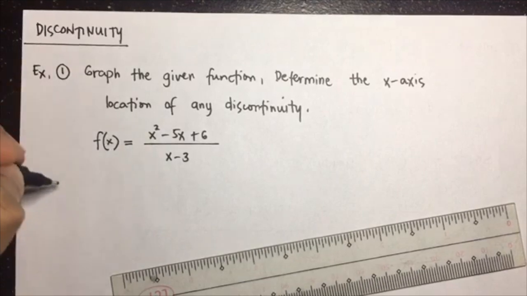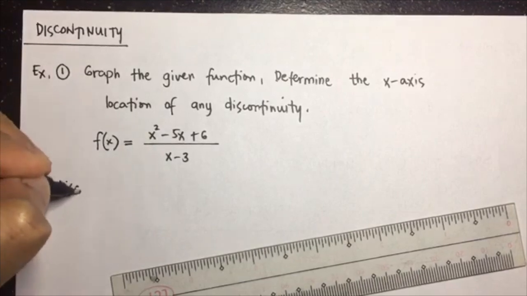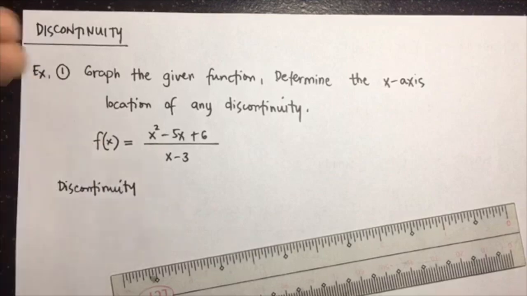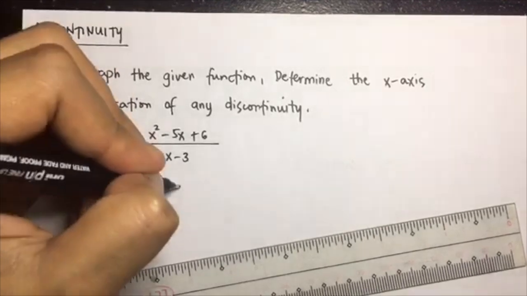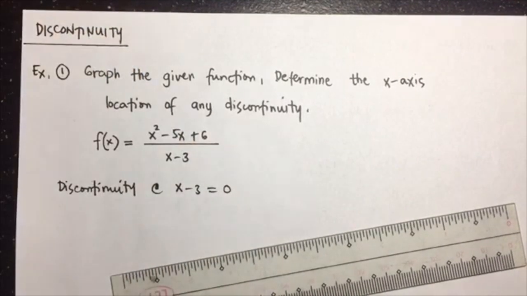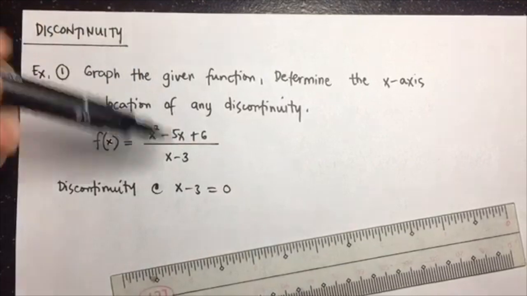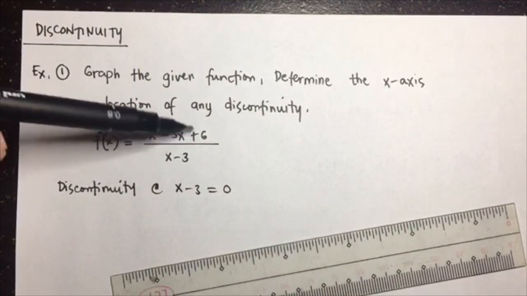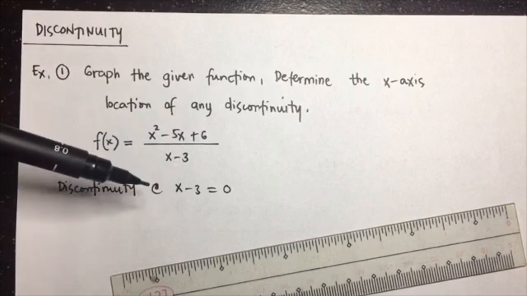So we have discontinuity at x minus 3 is equal to 0. Okay, so that's how simple it is. If our denominator becomes 0, then this whole expression becomes indeterminate.